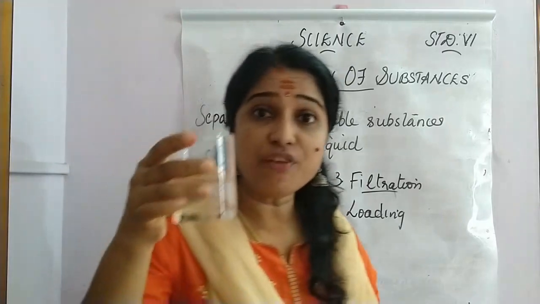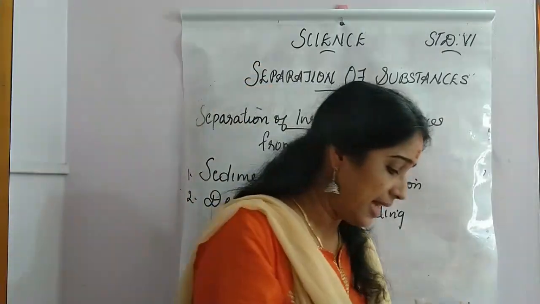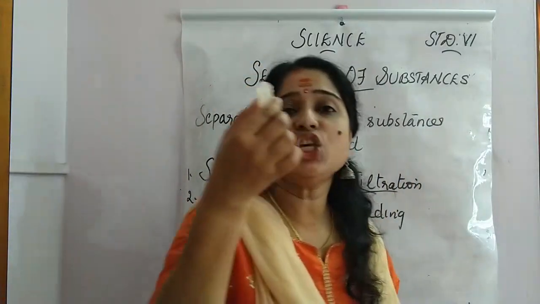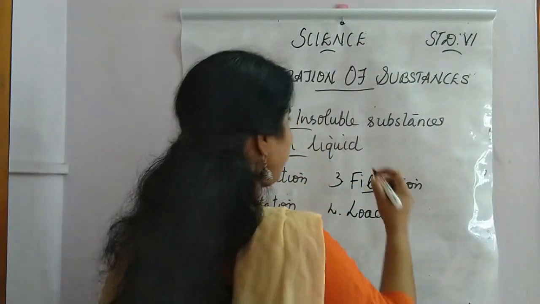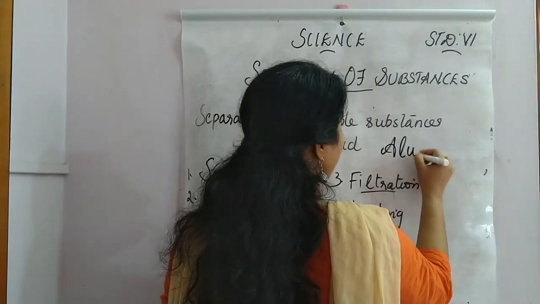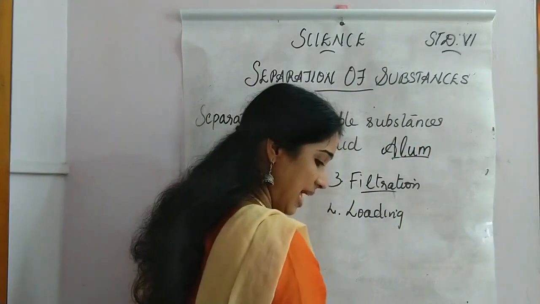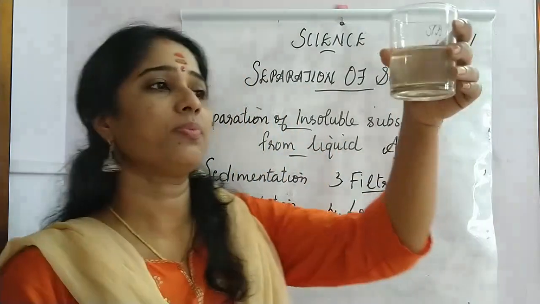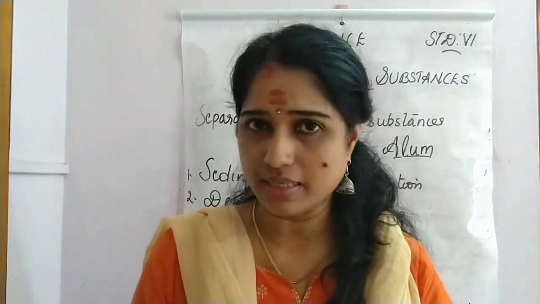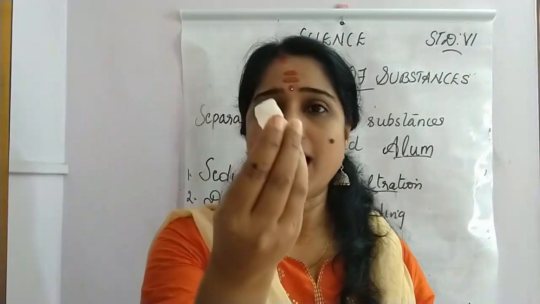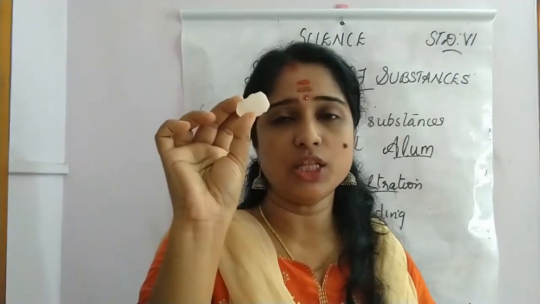In such a situation, if you want to purify water that has dust particles, we can use a substance known as alum. That is it. These dust particles are very, very small, lighter than water. This is the alum. It will be available in the grocery shop.